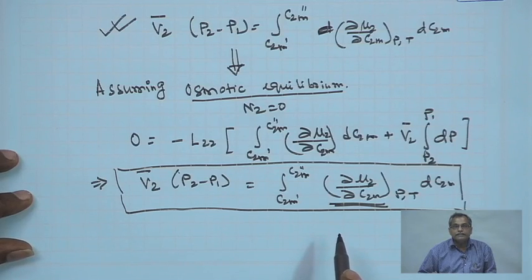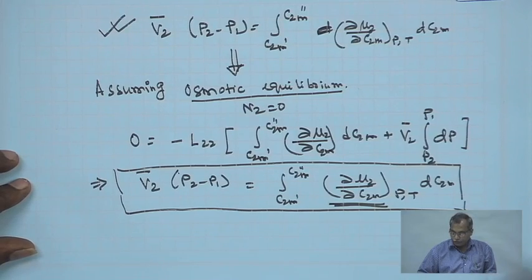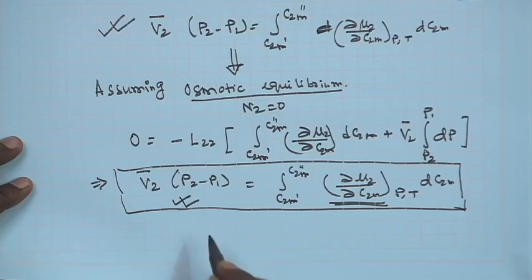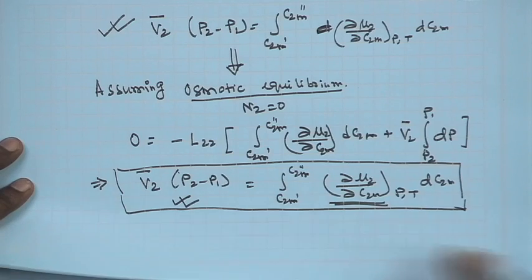So, this equation can be treated as a boundary condition of the limit of the governing equation of N2. Therefore, in the governing equation of solvent flux, we can substitute the integral from C2m prime to C2m double prime of del mu 2 del C2m dC2m by the expression V2 bar into P2 minus P1.